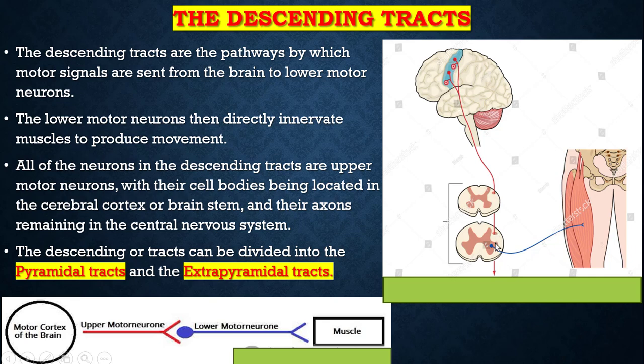It originates from the cerebral cortex and terminates at the anterior horn of gray matter of the spinal cord, from where the lower motor neuron originates and then innervates the muscles. So in the motor cortex of the brain, the upper motor neuron originates, then ends on the lower motor neuron, and the lower motor neuron innervates the muscles.